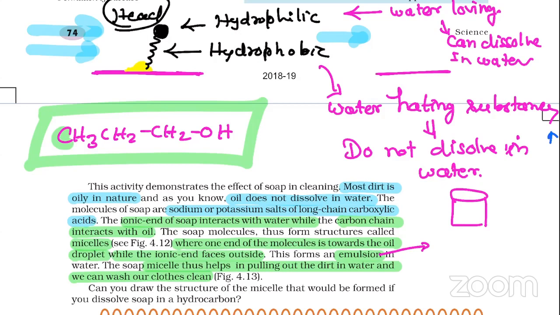Good, good. Why did ethanoic acid get its name as glacial acetic acid?